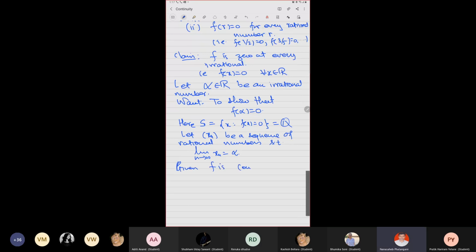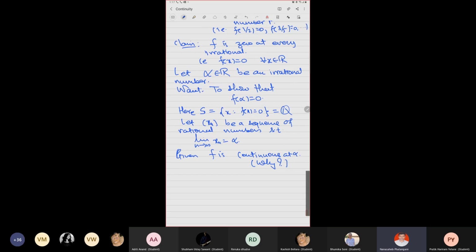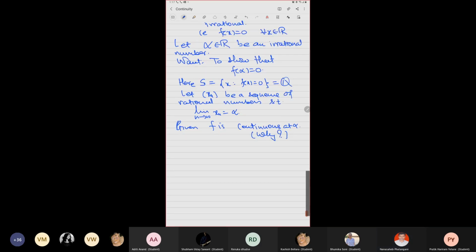Right? So, given that f is continuous at alpha. Why is f continuous at alpha? Because it is given to be continuous for all r. Right, so everywhere it is given to be continuous. We have chosen some real number which is irrational, so certainly the function is continuous.